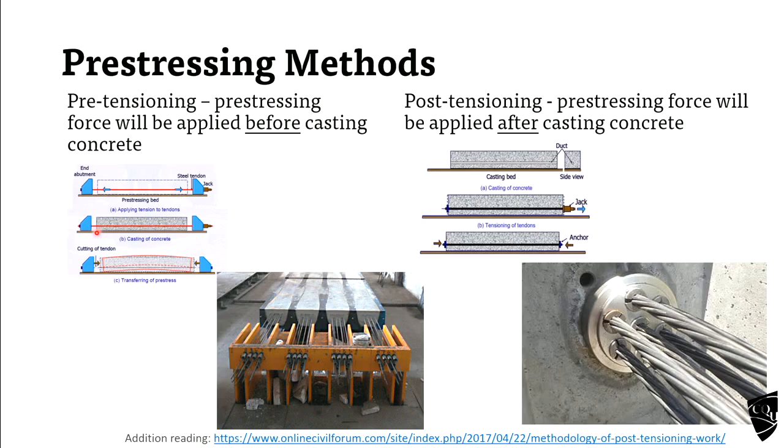You can think of a rubber band as well. You pull it, and if you release it, it will go back. But now you release it after putting concrete. What will happen? The steel wants to go back to its original position, but the concrete won't let it. So the steel will try to push the concrete.